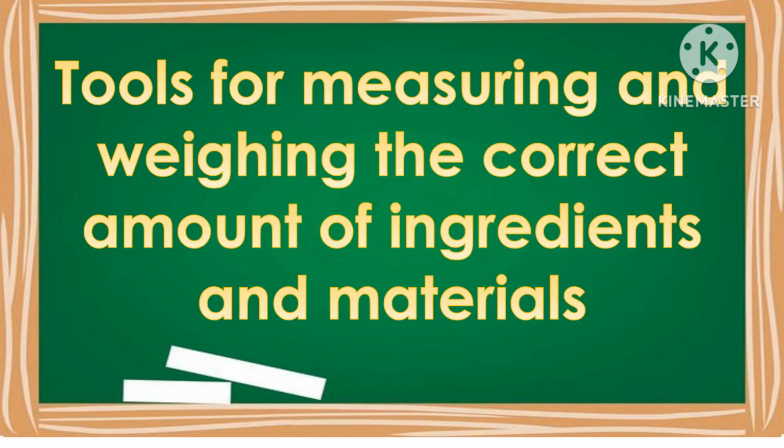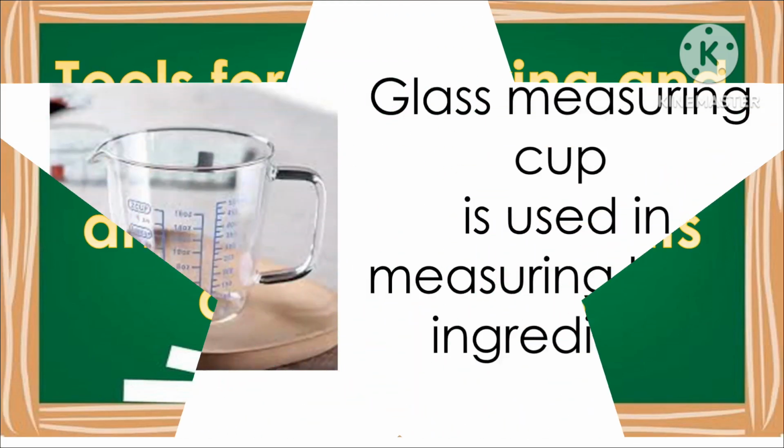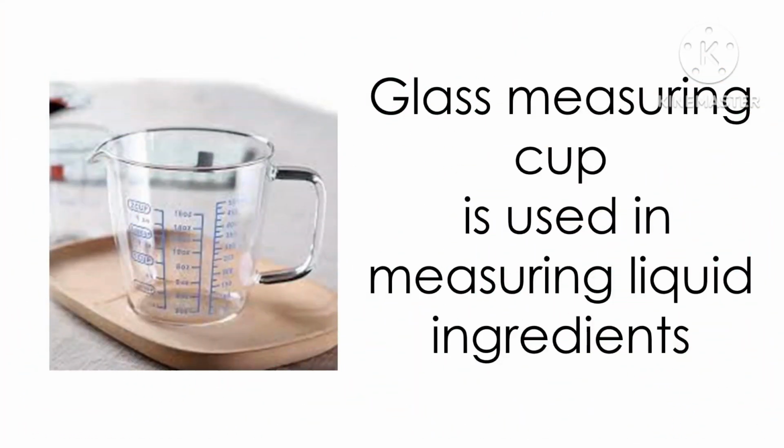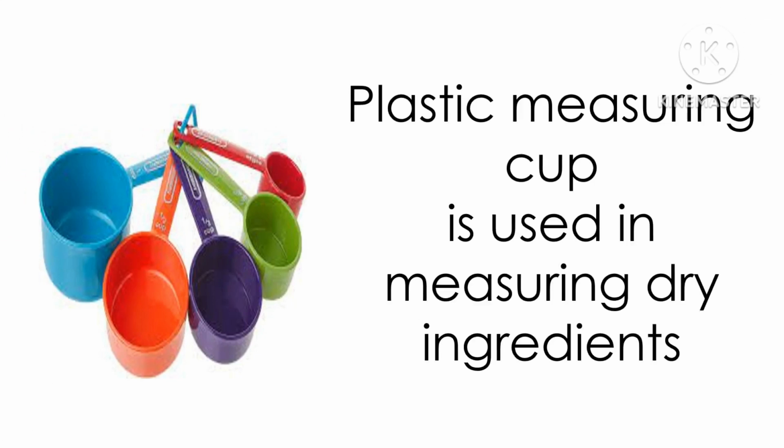Let's begin. These are the tools for measuring and weighing the correct amount of ingredients and materials. First, we have glass measuring cup. It's used in measuring liquid ingredients. Second, plastic measuring cup is used in measuring dry ingredients.